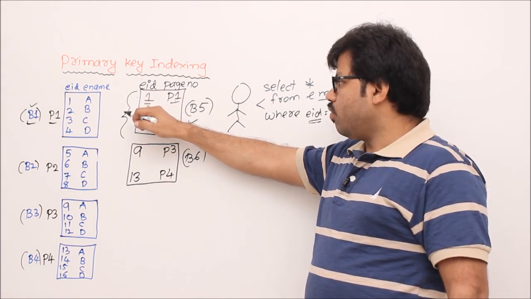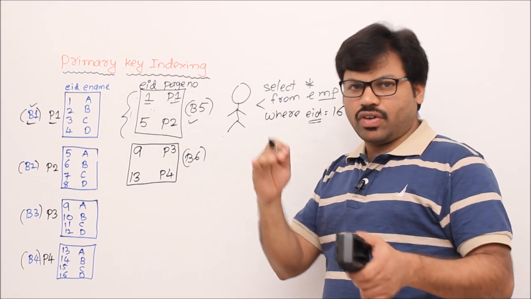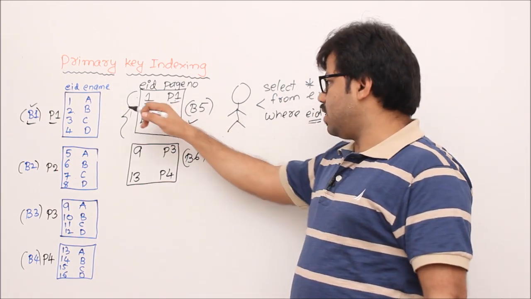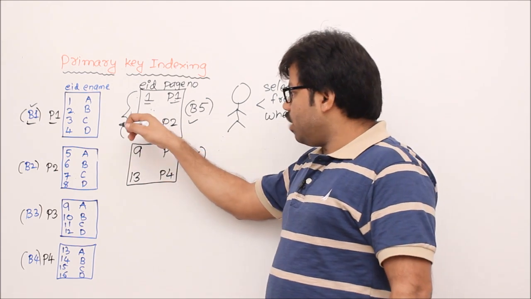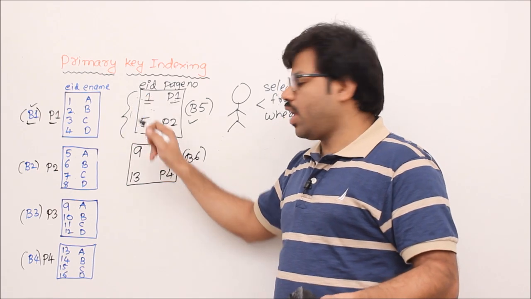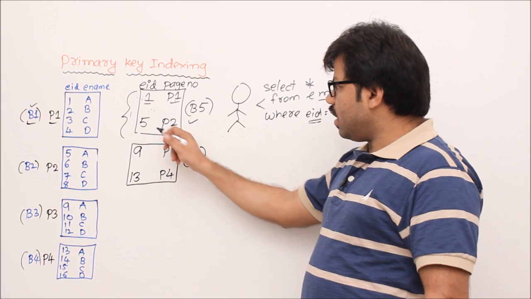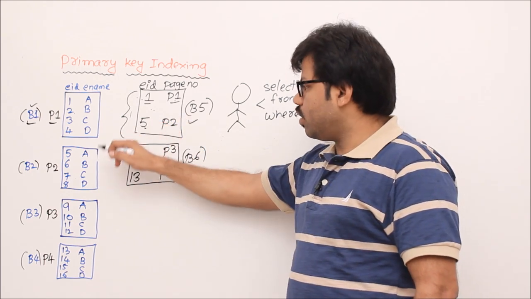That means the first page contains records which start with 1 or more than that, but it doesn't mean that we will get 16 here. That's why we'll go to the next index and cross-check. The second page starts with 5, so definitely 16 is not between 1 and 5, so don't go to page number 1. It doesn't mean that your 16 is in page number 2. It is not guaranteed. That's why continue the process.